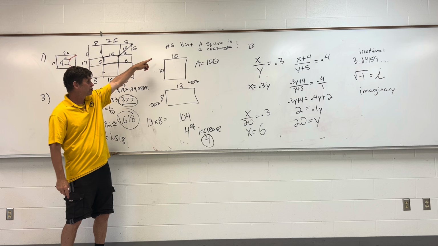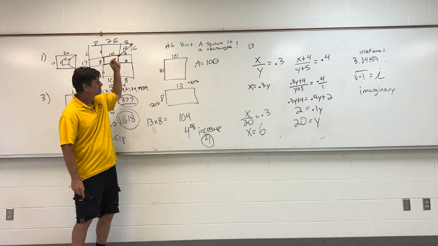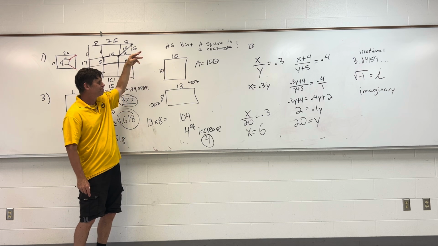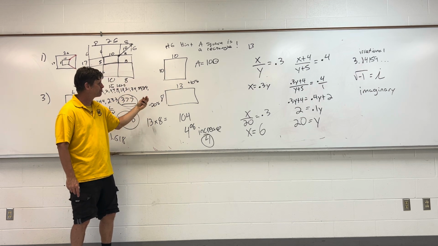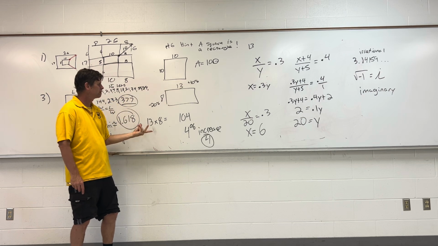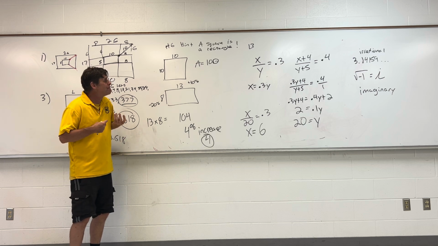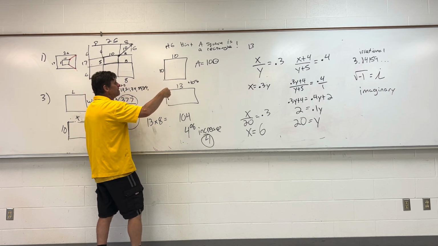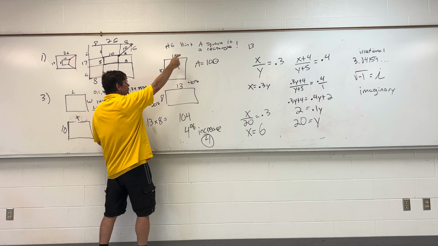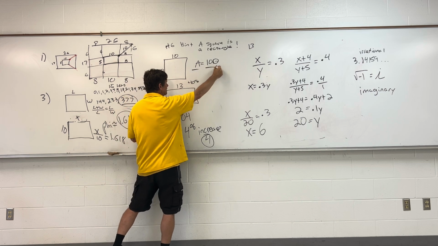Number 6, it says you took a rectangle, you increased the length by 30% and you decreased the width by 20%. So, look, I made it easy. I pretended they were both 10 because then my area would be exactly 100.